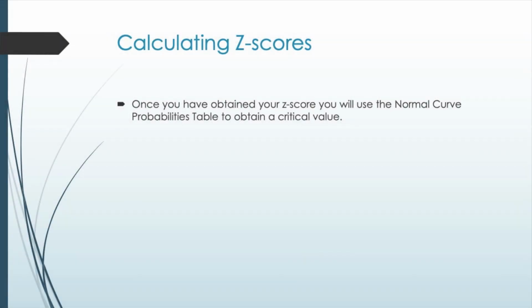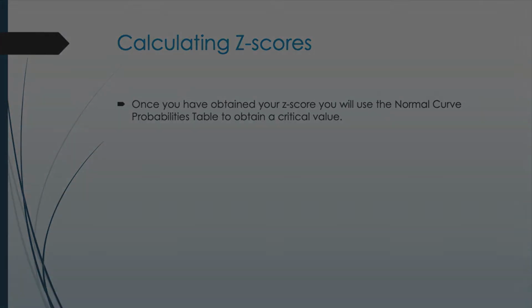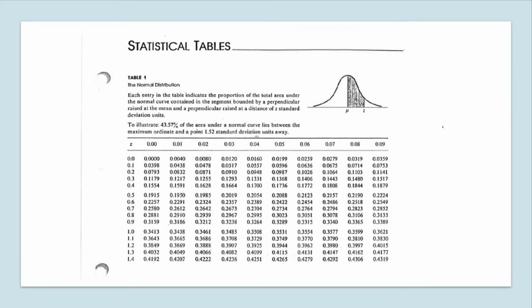Once you've obtained your z-score, you will then use the normal curve probabilities table to obtain a critical value. And again, this will tell you what percentage of observations lie between your score of interest and the mean. So here's the table that's provided to you in the Canvas module, and you'll notice it only includes positive values, but remember, the normal distribution is perfectly symmetrical.